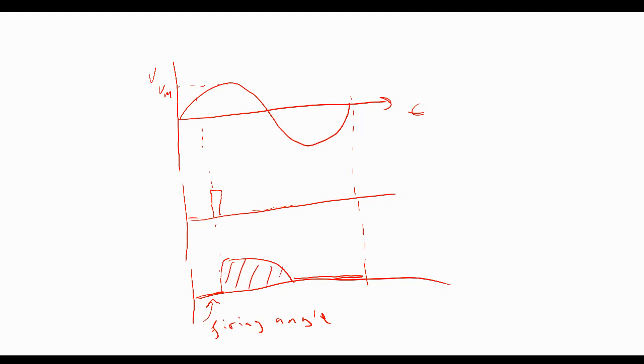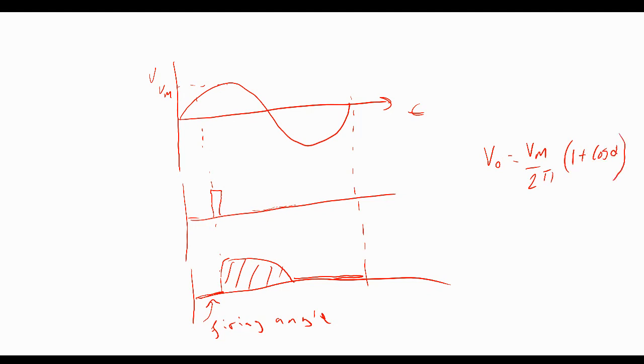If we change this average output voltage, we are able to control the speed of the motor, right? So it's not that it's going to be pulsing. We recall the formula, into 1 plus cosine alpha.